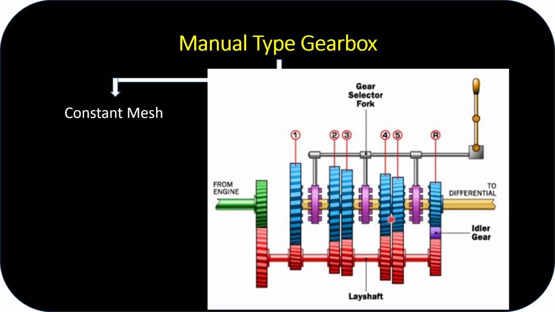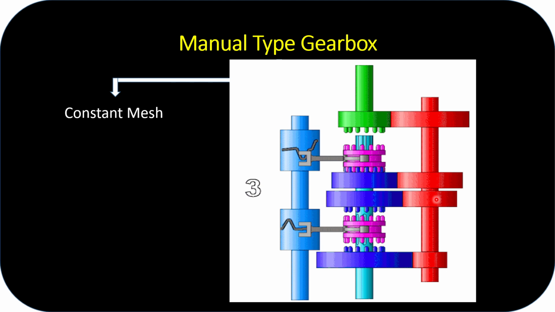So among the gears mounted on the output shaft, all are rotating clockwise except one gear that is rotating in anti-clockwise direction, that is the reverse direction. So that is the reverse gear. That is the constant mesh type. I will explain with the figure.